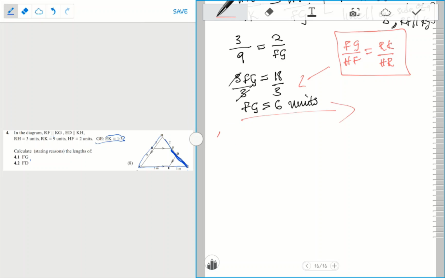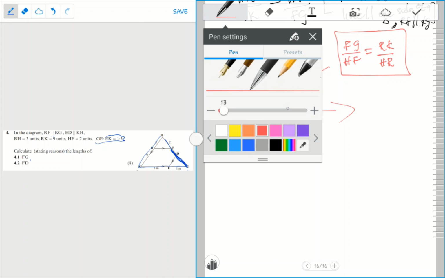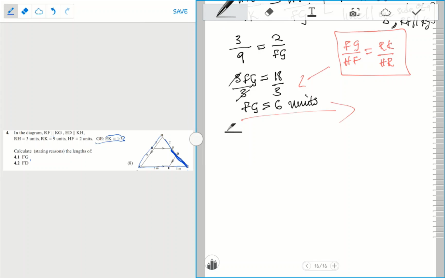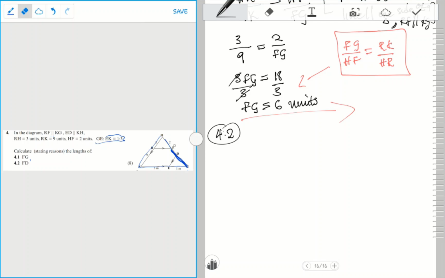Then let's go to 4.2. They're saying get FD. Now, where's our FD? FD is this one.